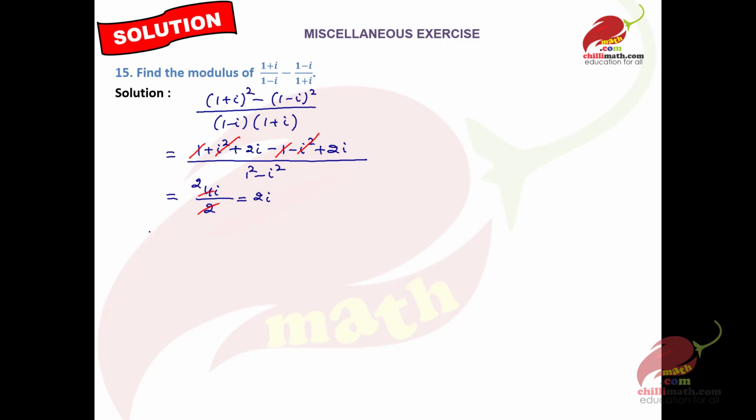And by taking its modulus, you can write it in standard form to better understand, 0 + 2i. So modulus is the square root of the square of real part plus square of imaginary part, which is equal to the square root of 0 + 4, which is 2. So this is the modulus, that is your answer.